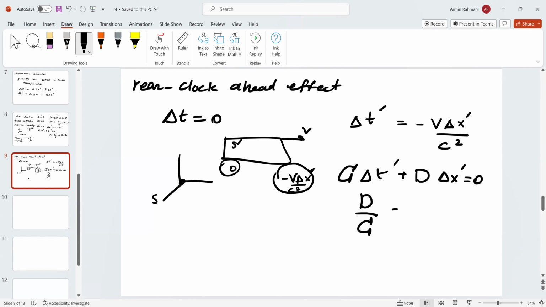That's equal to, bringing that to the other side, V over C squared. And C we already calculated was gamma, so D must be gamma V over C squared.